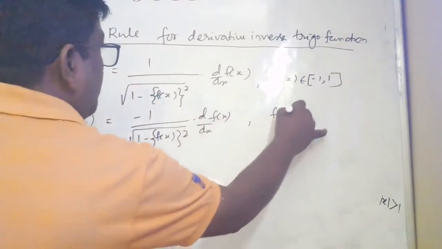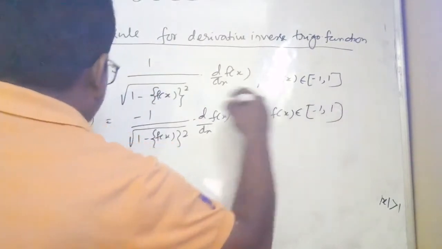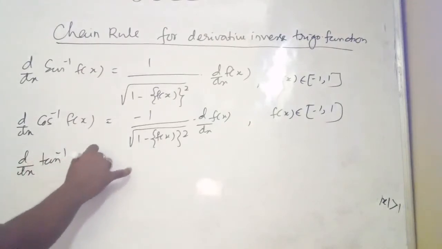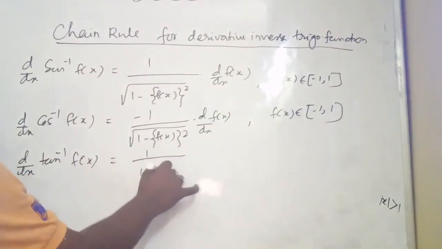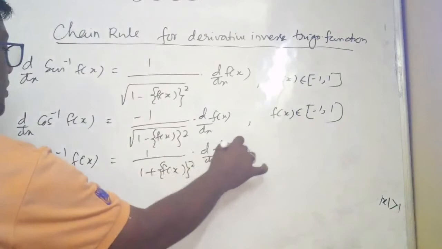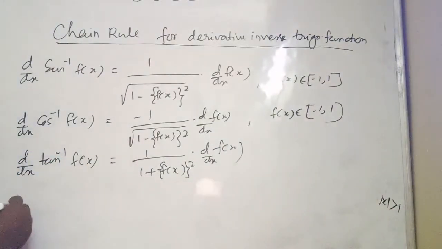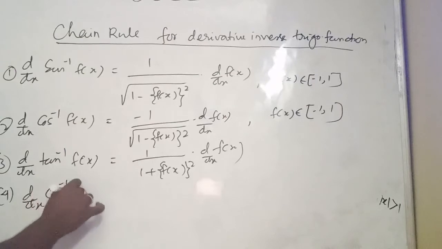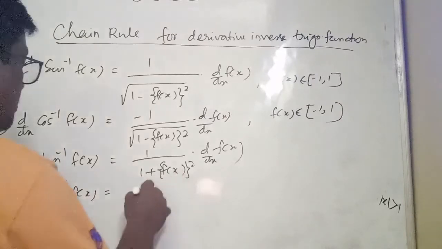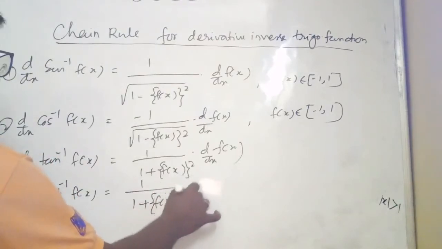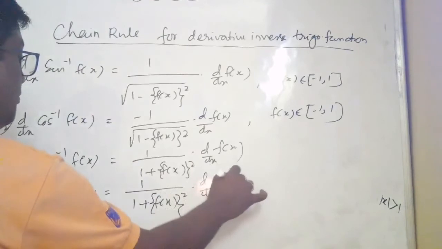Here f of x lies between minus 1 and 1. Similarly, d by dx of tan inverse f of x is equal to 1 by 1 plus f of x whole square into d by dx of f of x. Okay, then this is 1, this is 2, this is 3 and 4. d by dx of cot inverse f of x is equal to minus 1 by 1 plus f of x whole square into d by dx of f of x.